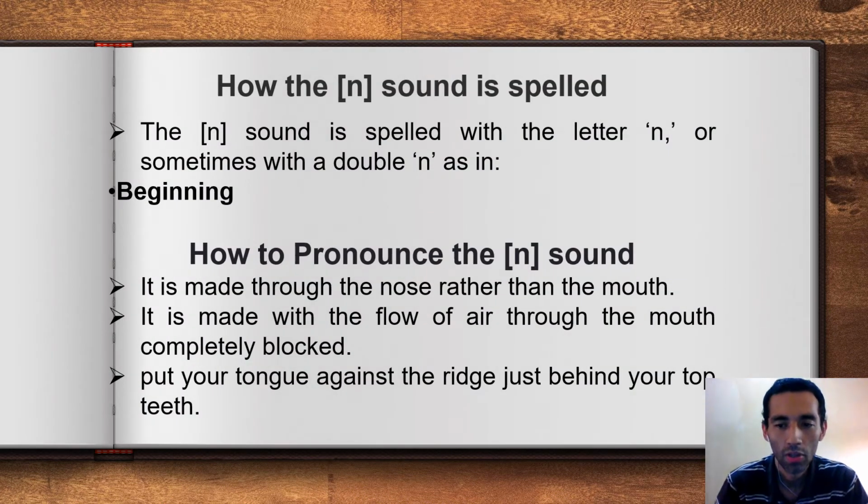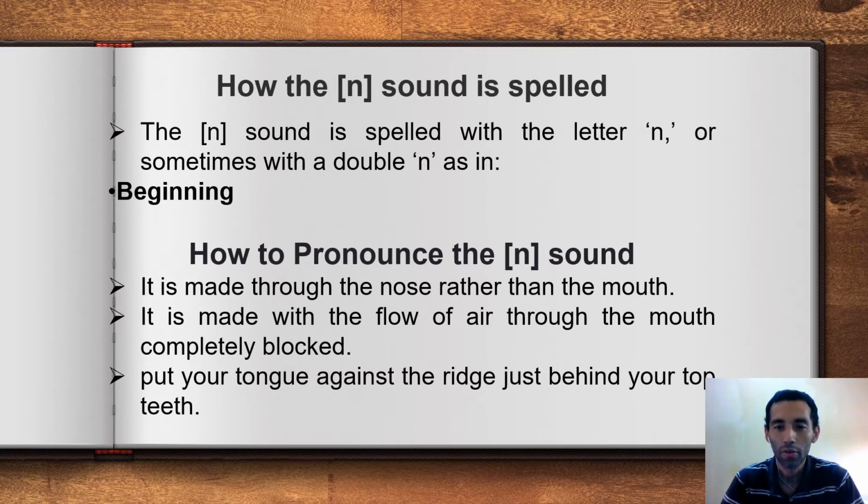Here I have some information about how the N sound is spelled and how to pronounce the N sound. For spelling, the N sound is spelled with the letter N, or sometimes with a double N, as in beginning.